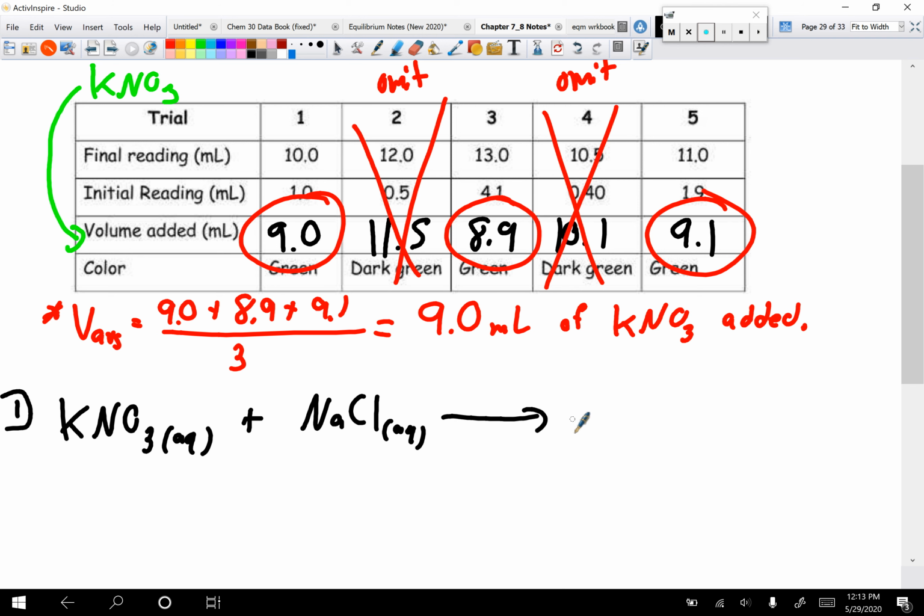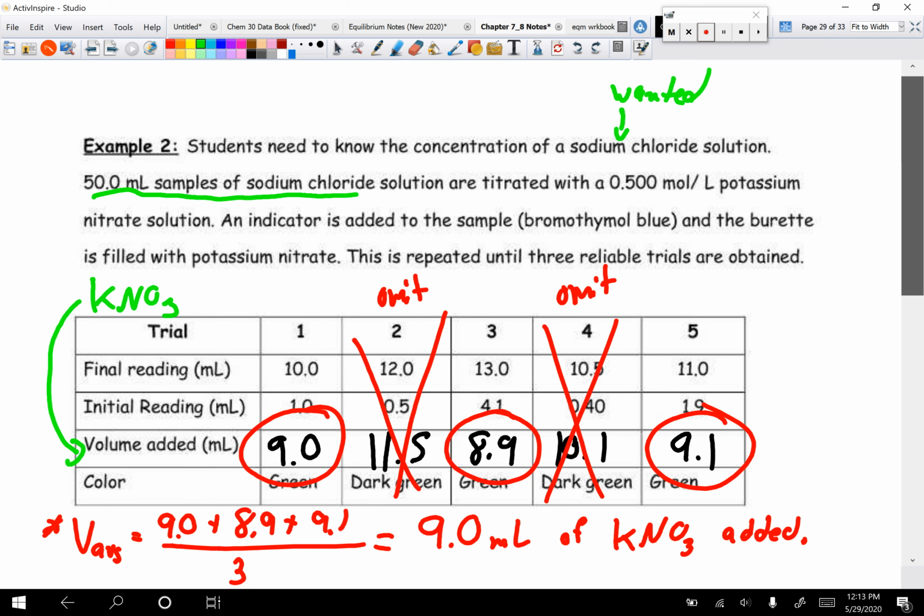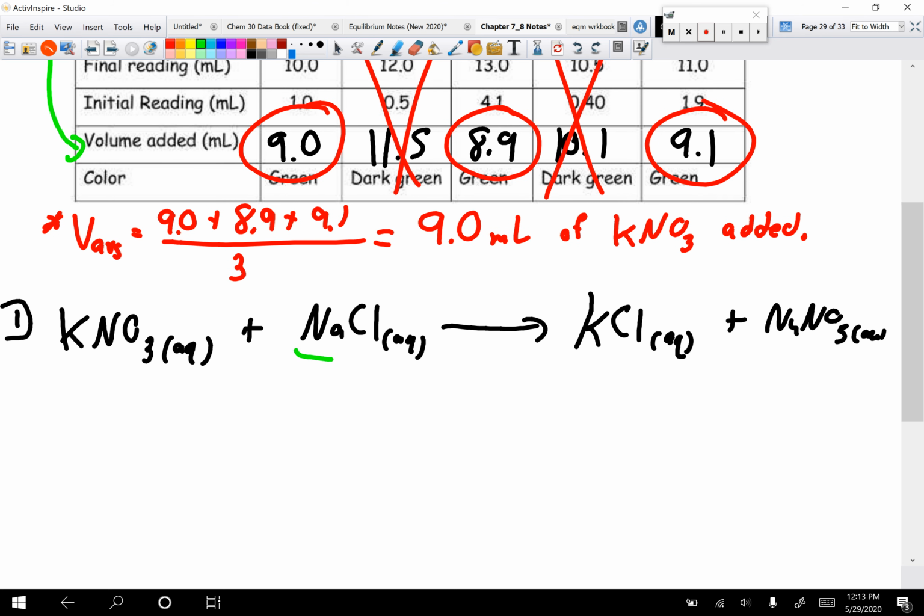So we're going to get potassium chloride solution, and of course our sodium nitrate. And we know from reading the first part that our sodium chloride is our wanted, whereas our potassium nitrate is our given.